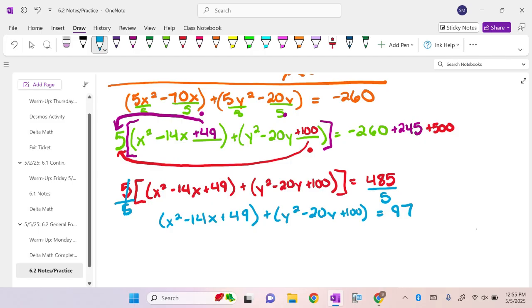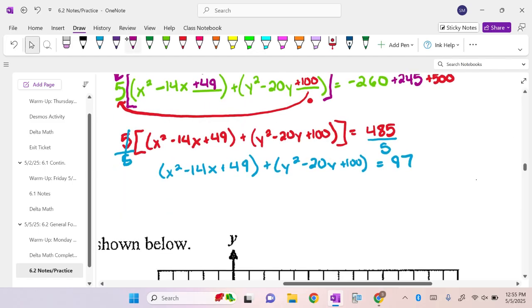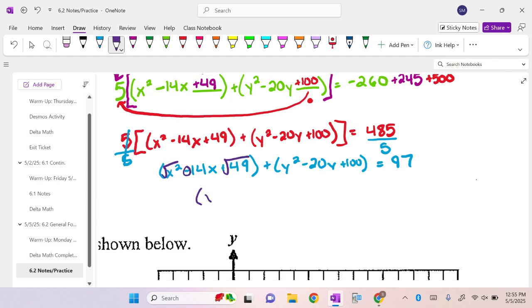And then finally, we're just going to do our last step. So I'm going to do this quickly. So square root the first, keep the sign of the second, square root the third. I get x minus 7 all squared plus square root the first, sign of the second, square root the third, y minus 10 all squared, and it's equal to 97.